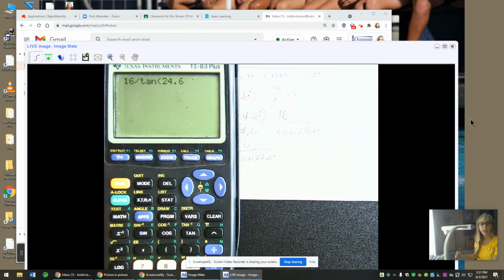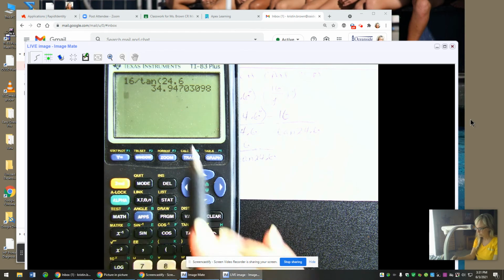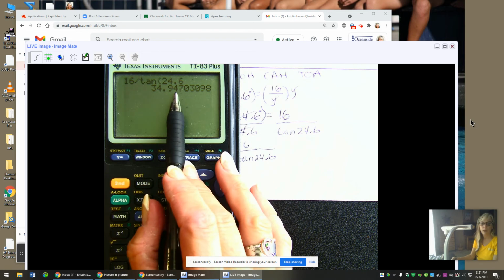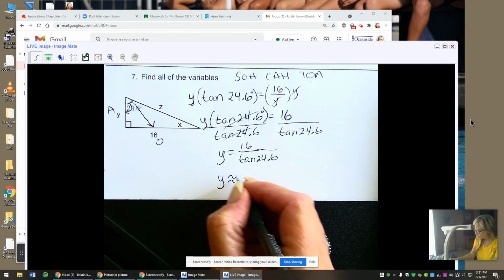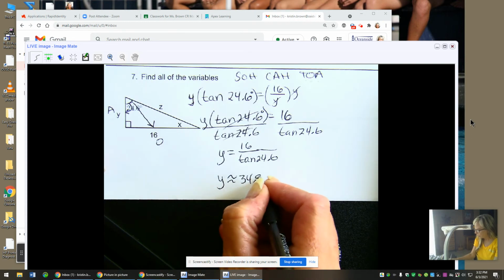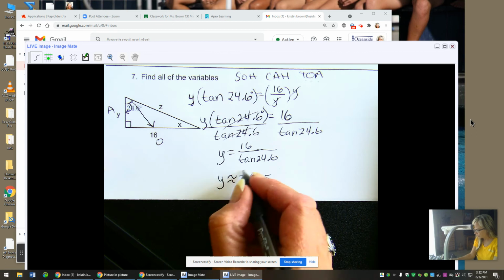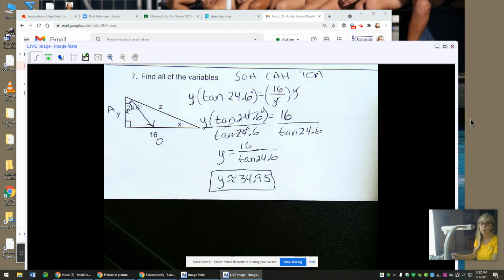Enter, and we get 34.95. The 7 makes us round this up by 1. 34.95 is the estimate. About 34.95 units, whatever it is, we don't know. It's a side length. It's not degrees because it's not an angle.